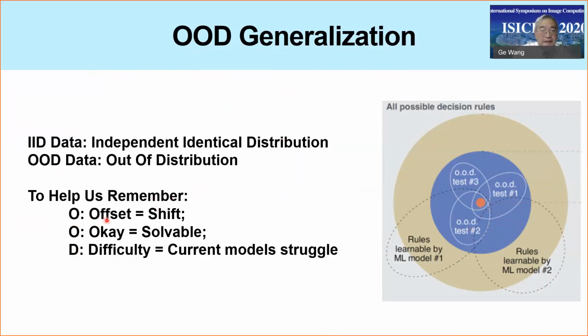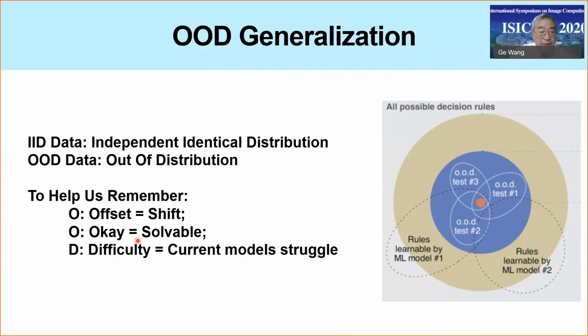So to help us remember, think of OOD in a different way. O means offset. The testing data set, the OOD data set, should come from a distribution that has a significant shift relative to your IID training data set. The second O is OK, meaning the OOD data set should have a solution. You cannot say I get OOD data that is significantly different, but it is all random noisy background and you have no solution in the new training data set.